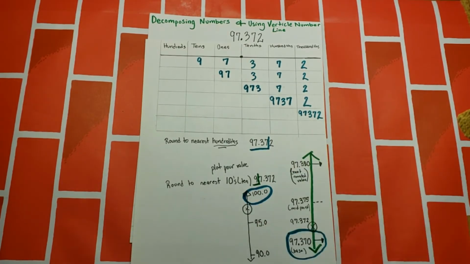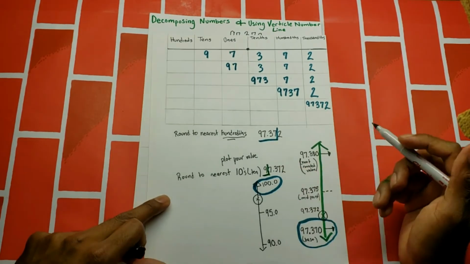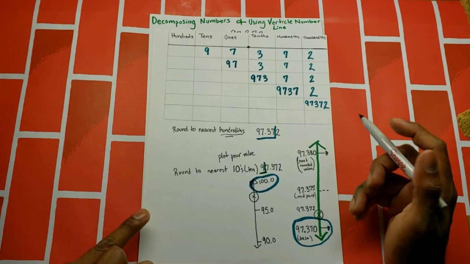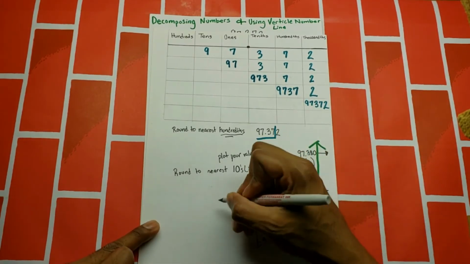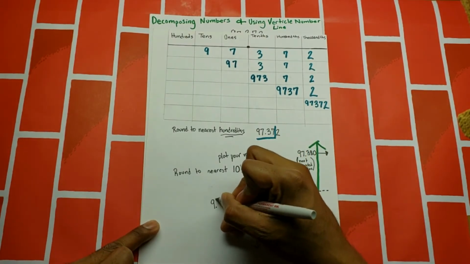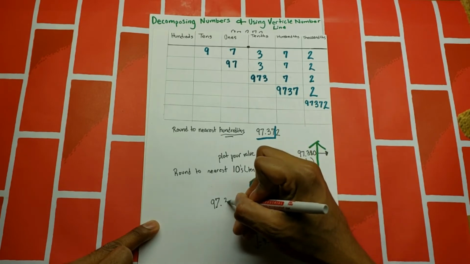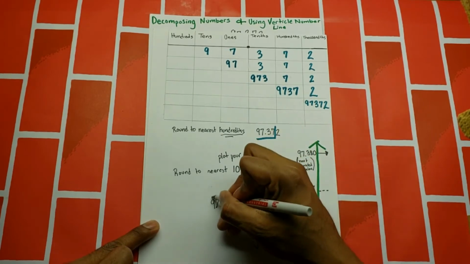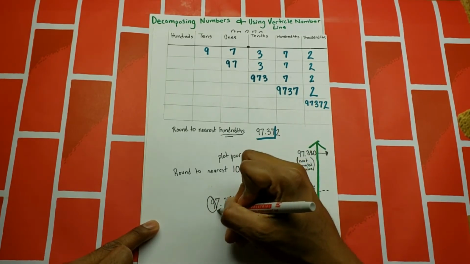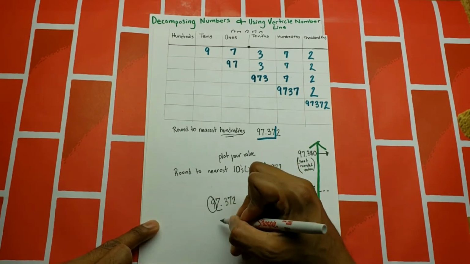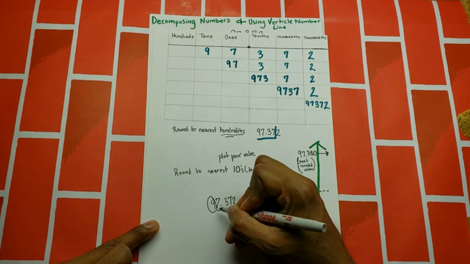And I can always double check by using Cuba. So if I were to use Cuba for this specific, rounding to the nearest tens, I'm going to go circle, underline. 7 is a bully. 7 means to round up.